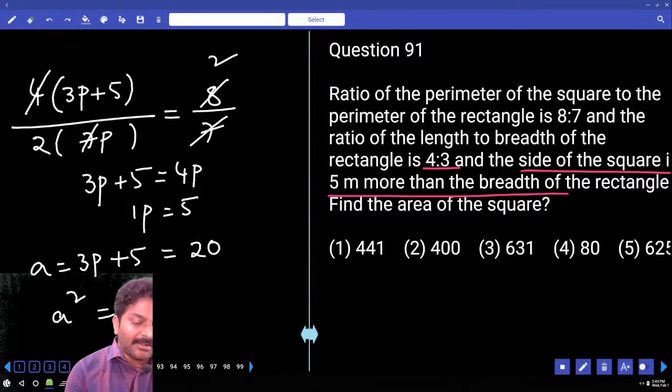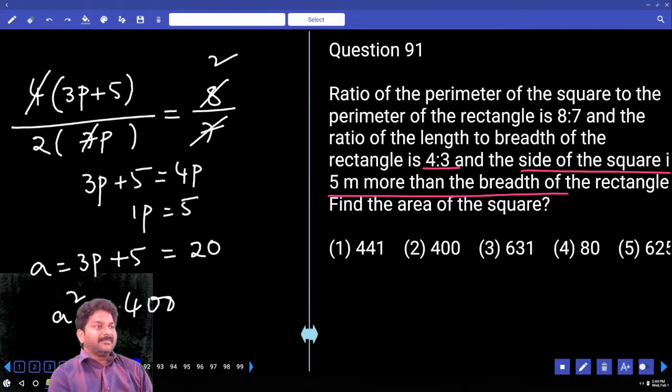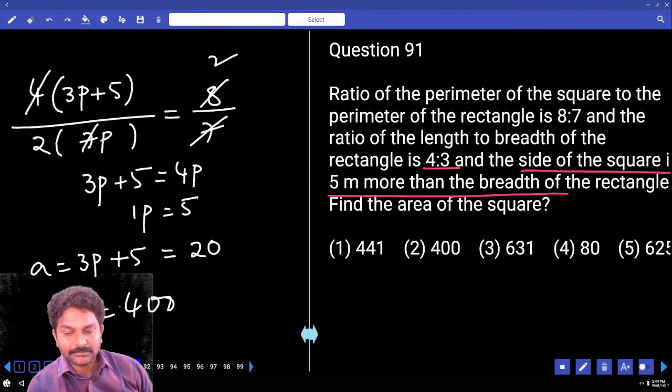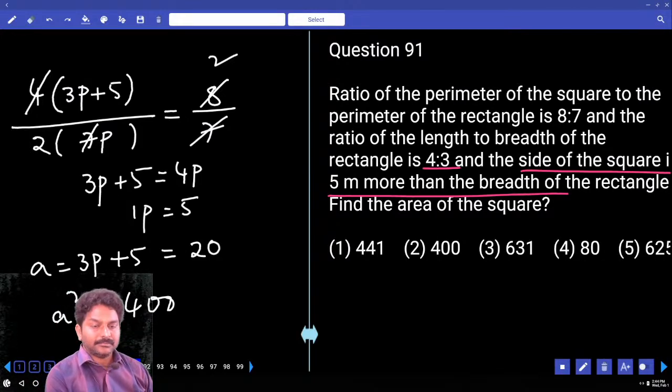We were asked to calculate the area. 20 squared is 400. Second option.